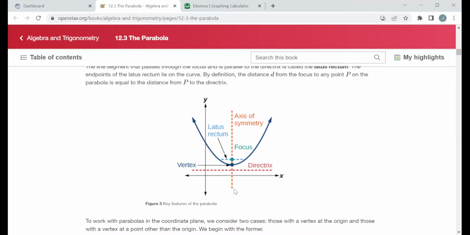Every parabola has a line called the axis of symmetry that's not actually part of the parabola. All the dotted stuff here isn't part of the parabola; the parabola is the solid U-shaped curve. The axis of symmetry goes through the vertex, and if you reflect the parabola across it, it looks exactly the same.